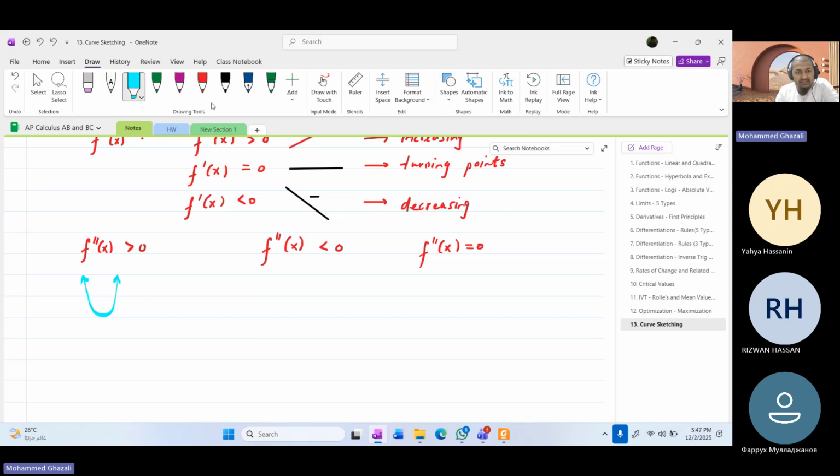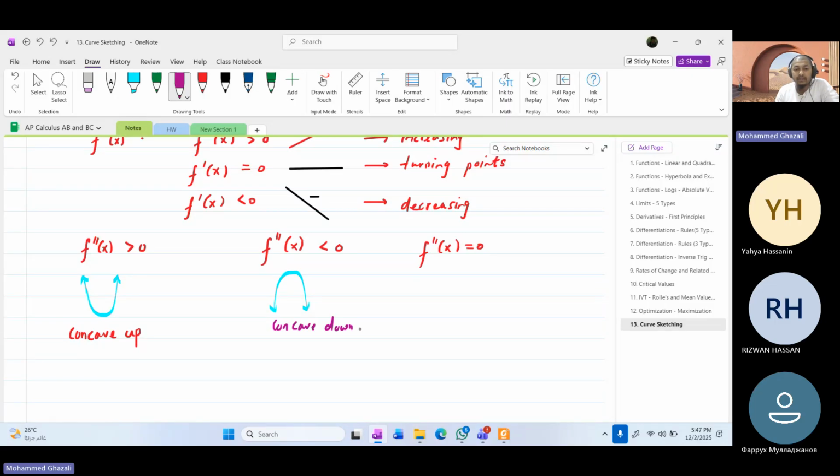This is called concave up when it is positive. When the graph is a sad face, it is concave down. F double prime x less than 0 is concave down.